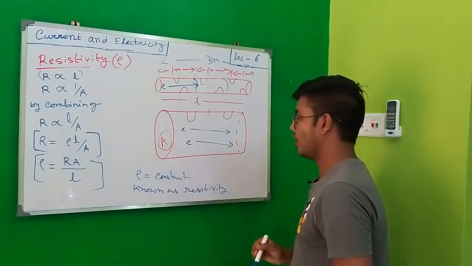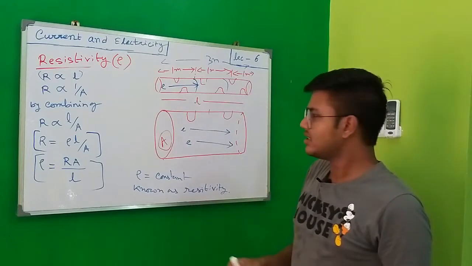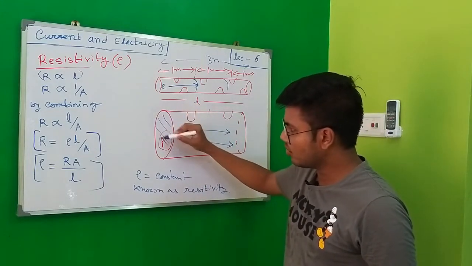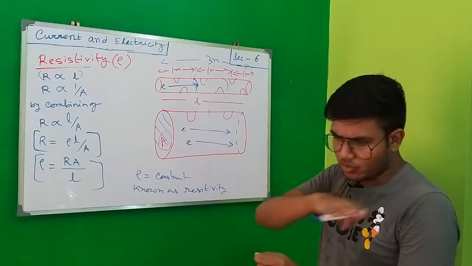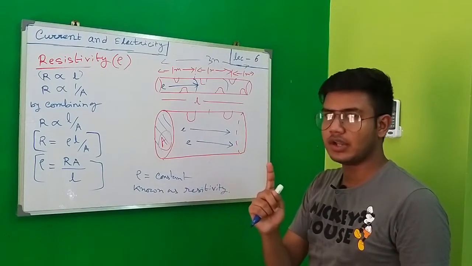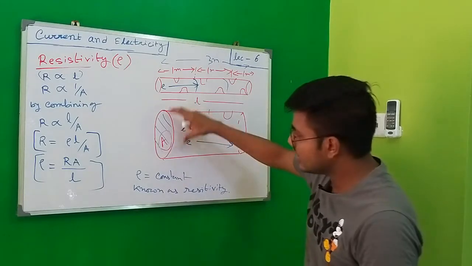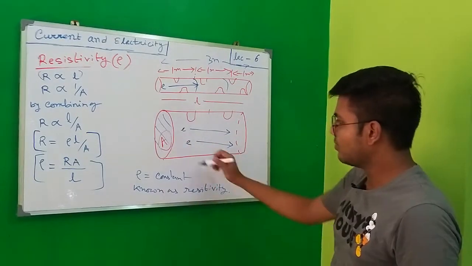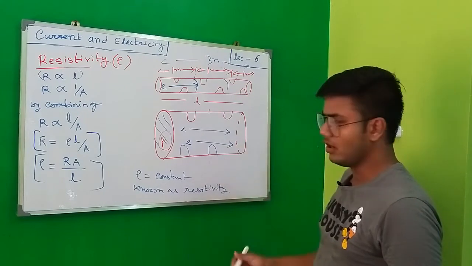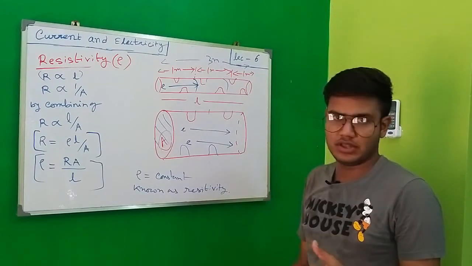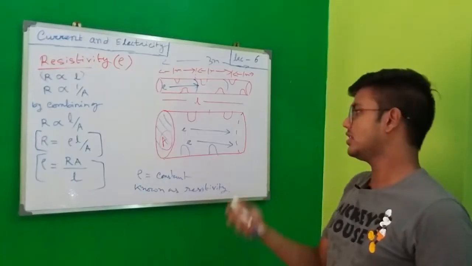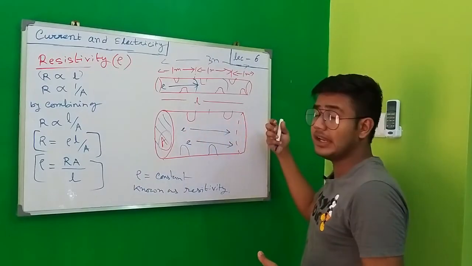Coming to the second one, the area of cross section. Whenever you cut a wire through a cross section, you get a circular area, which I am taking as capital A. If you increase the area of cross section, the impurities present there get space between them, through which the electrons can flow very easily.